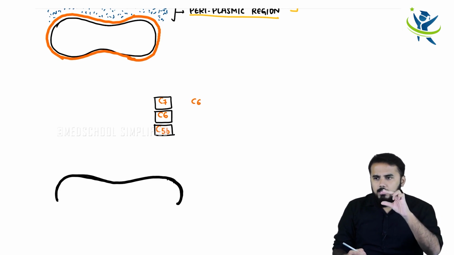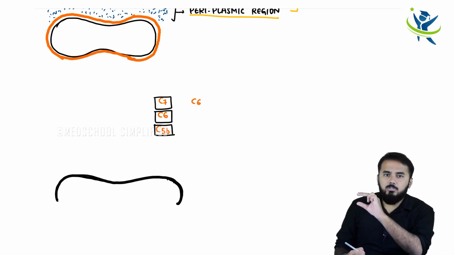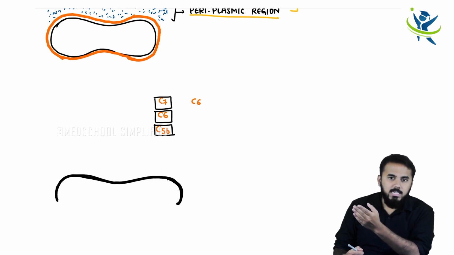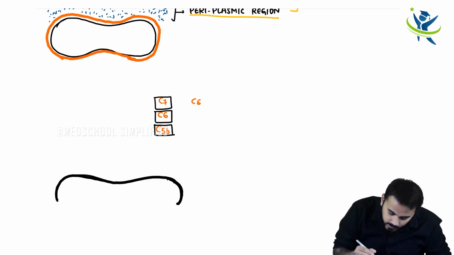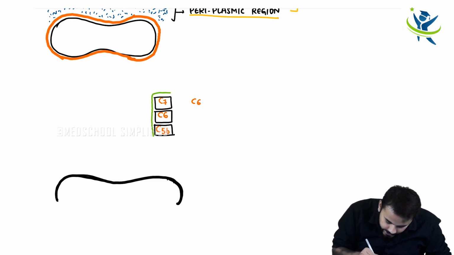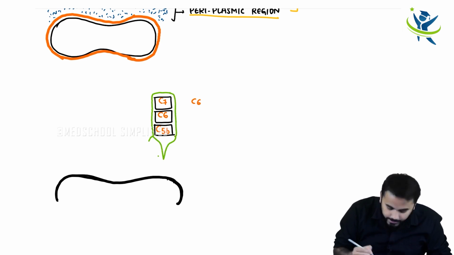they move like this and go and attach to the next complement protein. Obviously you know it, that will be C8. So all these three are going and attaching to another complement protein, that is C8.